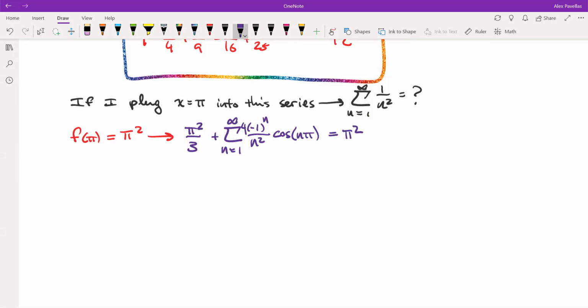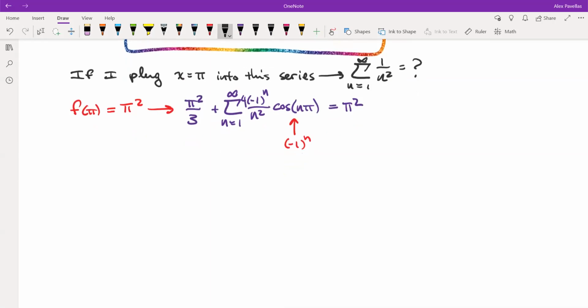Let's rearrange: cosine of n pi is the same thing as -1 to the n, and -1 to the n times another -1 to the n is just 1. So this cleans up quite a bit. We get pi squared over 3 plus, pulling the 4 out, the sum as n goes from 1 to infinity of 1 over n squared, and that adds up to pi squared.